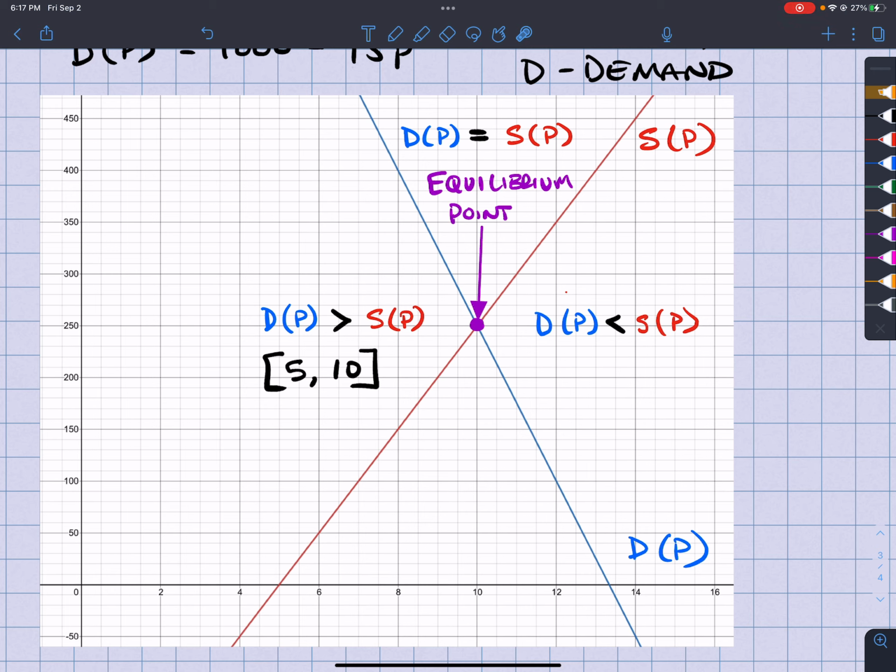Actually, I can't even use a 10 here as I have to close it. So from 10 to, let's say, 13.25, right? So that's what we will have to say, right? In terms of the interval that the demand is greater than supply or the demand is less than the supply, okay?